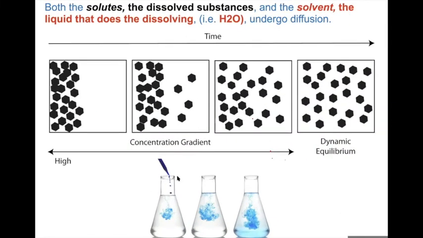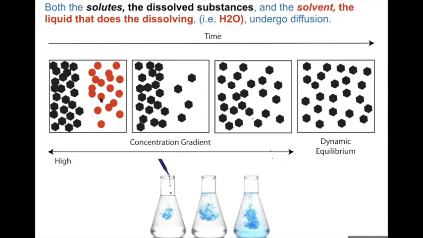The thing about this movement is that it's not just these things that are moving this way. The solvent, in our case, we're always talking about water here, is also going to undergo diffusion. So let's say when you put a drop of blue dye here, it displaces water. So all of a sudden your water concentration has decreased.